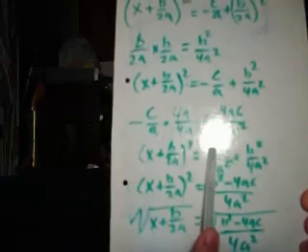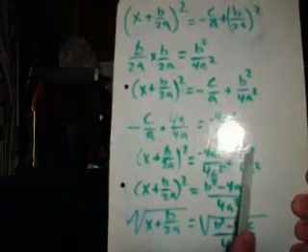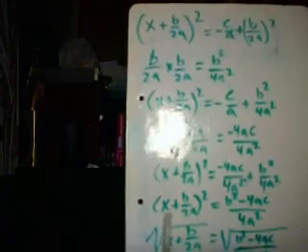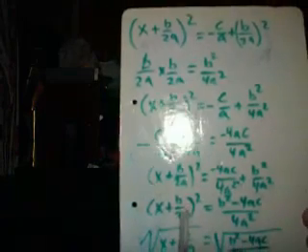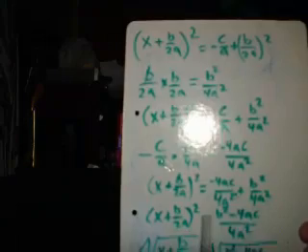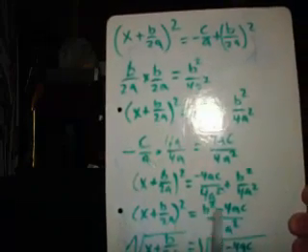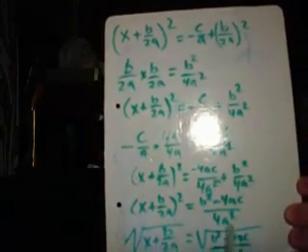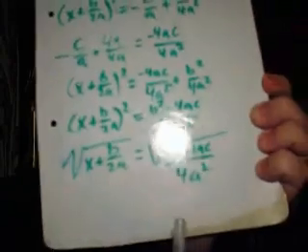So here we go. If we add the numerators negative 4ac and b squared, we're going to have an equation where x plus b over 2a, squared, equals b squared minus 4ac over 4a squared. See that?